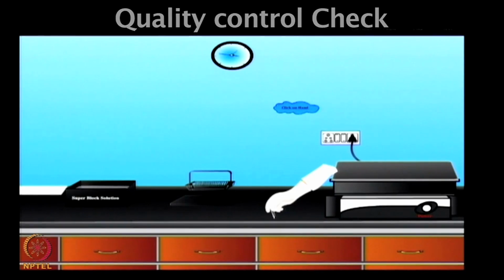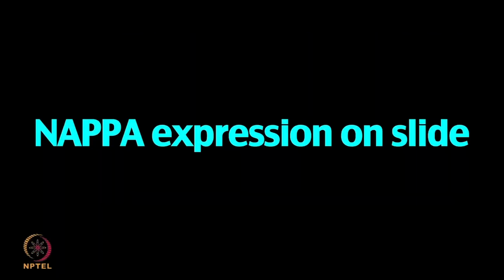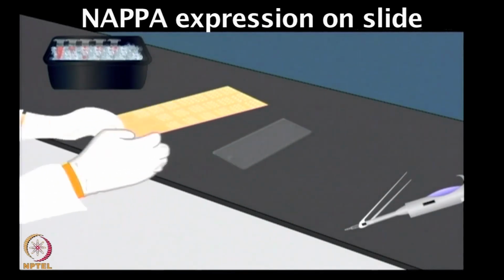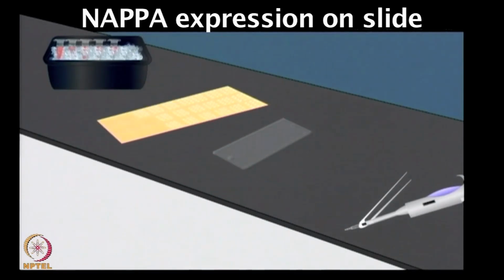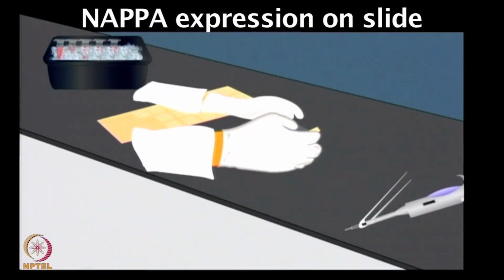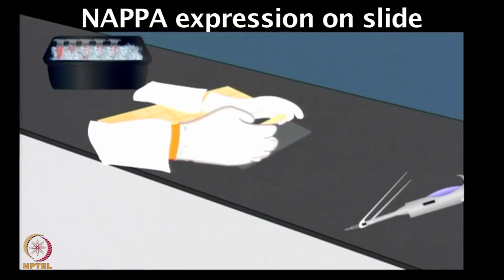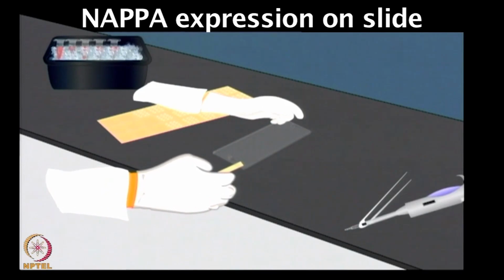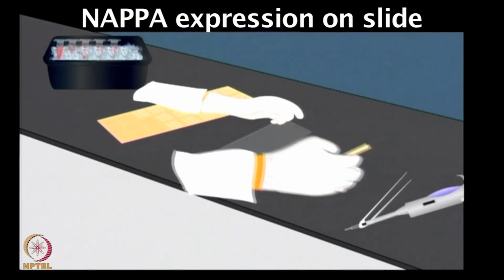Block the chips with the super block for an hour, and after blocking is done, then we can use the pico green mix on these printed slides. So, let us first look at the NAPPA expression on the slide, and then I will describe scanning for both DNA printing and the protein expression at the same time.